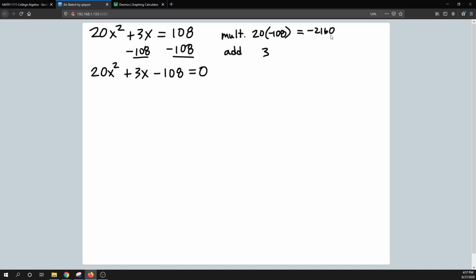Okay. So that is one of the downsides of the AC method, that it's going to take a while to search through that list. But it's really not a downside because you're going to have to do it no matter what, to look for factors. Normally the way I've been showing you how to do that is you start with 1 times 2160, and then 2 times 1080, and so on and so forth.